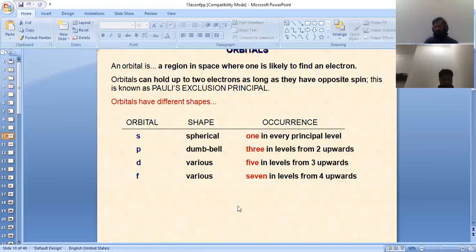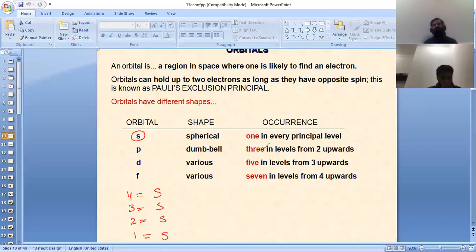For example, if you do remember, we have discussed 4 principal levels, levels S, P, D, F, 1, 2, 3, and 4 according to the shells. We had written each S in them. So this will be 1s, this will be 2s, 3s, and 4s. Every main orbit will have only one S orbital.